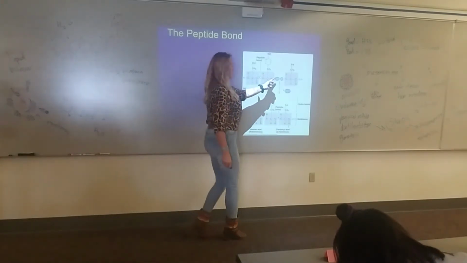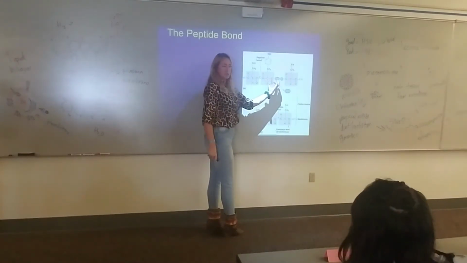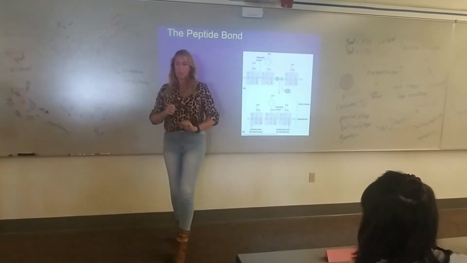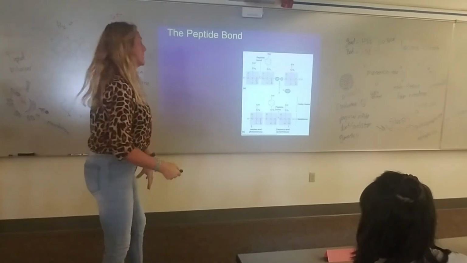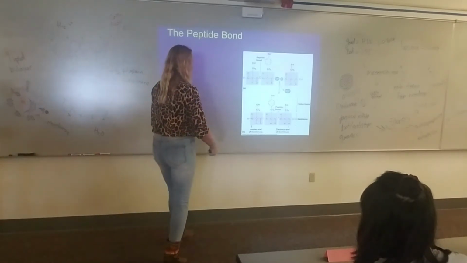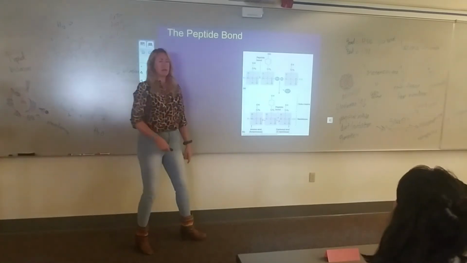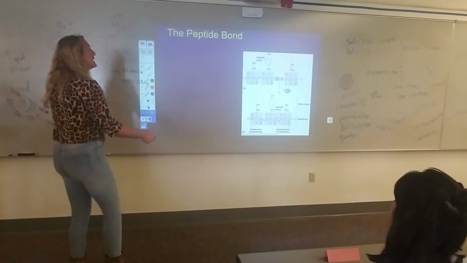You've got an OH and an H from the amino group of one and the carboxyl group of another. You have an OH and H, they're close enough together, a water molecule is removed. And you form a peptide bond between those two adjacent amino acids. So now you link them together and you have peptide bonds linking adjacent amino acids. So these three together make up a little peptide, a polypeptide, or a mini protein.